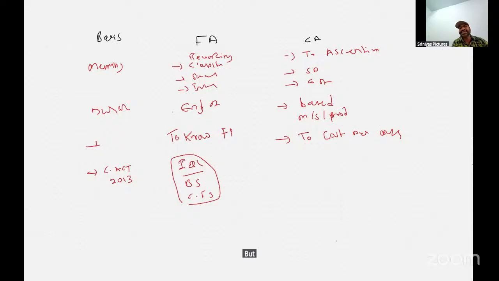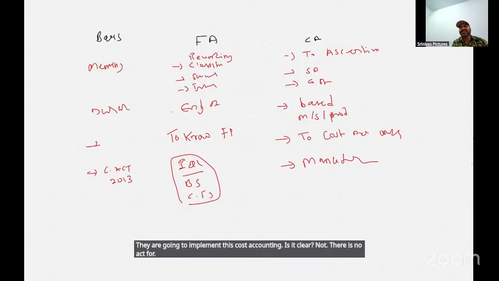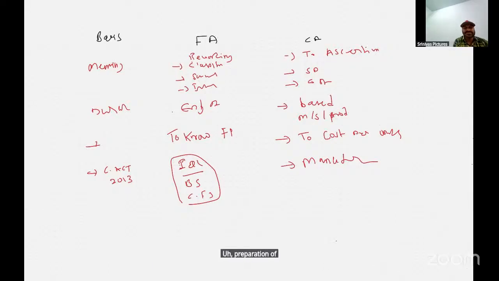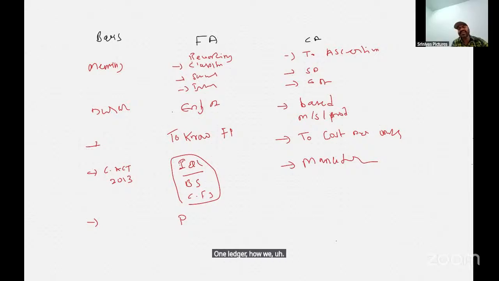But cost accounting is not like that. Big manufacturing industries implement cost accounting. There is no act for the preparation of cost accounts. For financial accounts we also require a particular proforma: journal, ledger, date, particulars, ledger folio, debit amount and credit amount.